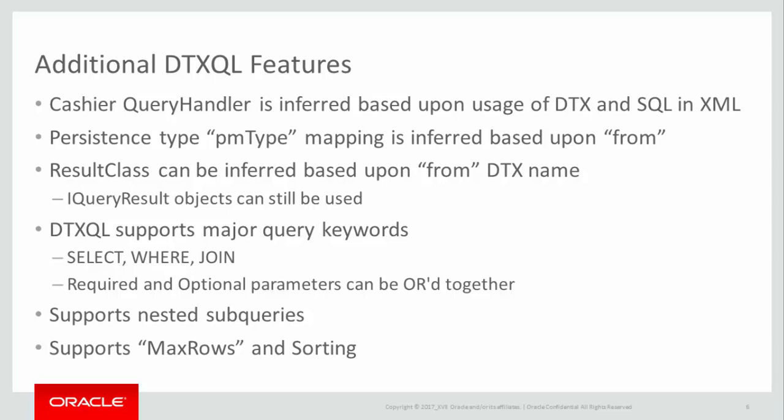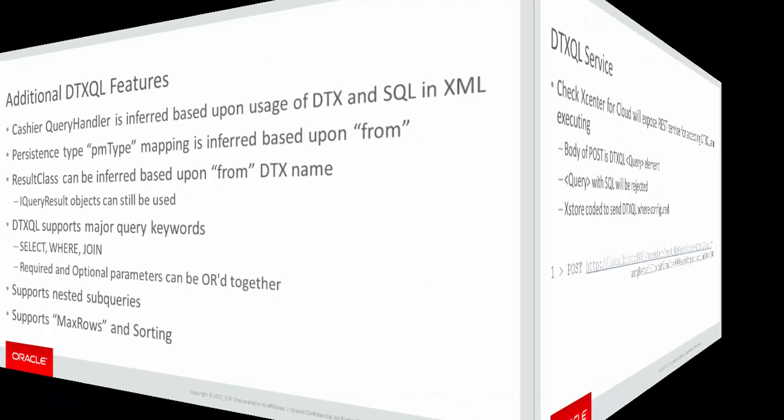You'll find subqueries separated from the main queries at the bottom of your query config XML. They'll look just like DTXQL queries, but they'll have some reference elements to reference DTX objects and DTX field names from their parent queries. Lastly, max rows is one of the properties that is still supported for DTX queries.